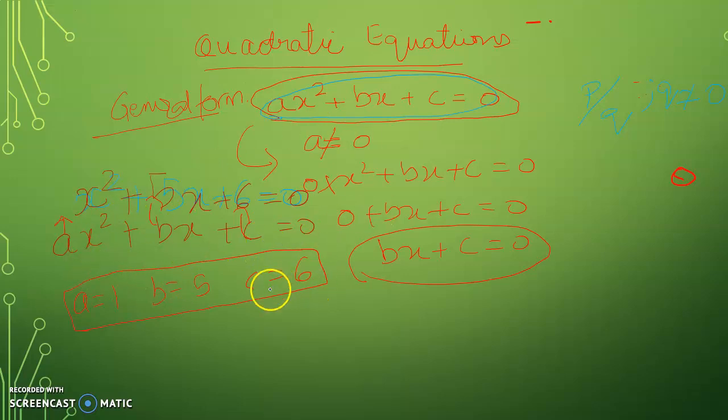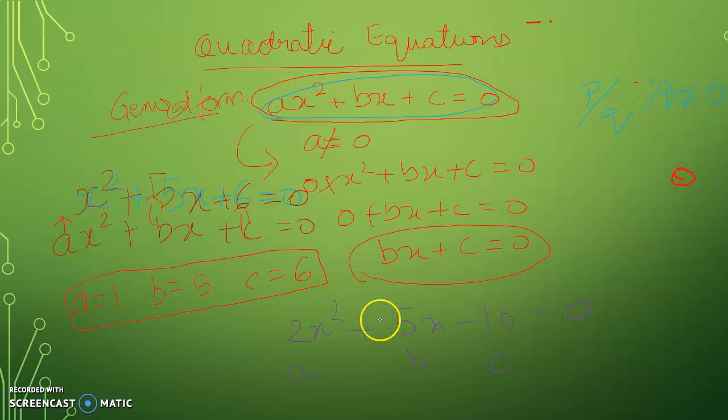Suppose I take any equation now. If I take 2x square plus 5x minus 10 equal to 0, right? So what is the value of a? The value of a is 2, value of b is 5, what is the value of c? Minus 10.